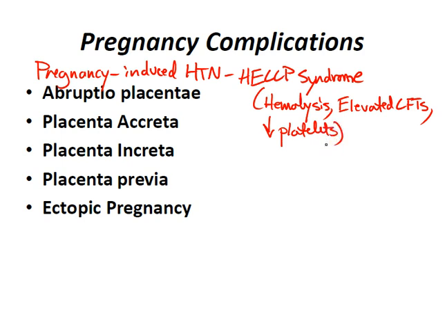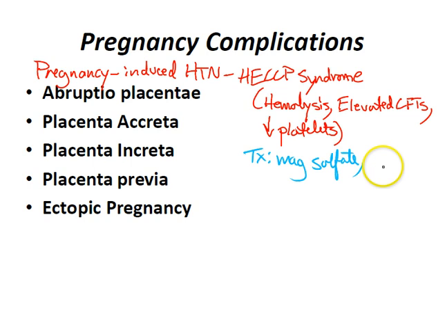So eclampsia is a medical emergency, and what do we give for an eclamptic patient? Does anybody know the two drugs we give? You probably know one, but what's the other one? Treatment is mag sulfate and diazepam or Valium. So that is pregnancy-induced hypertension.